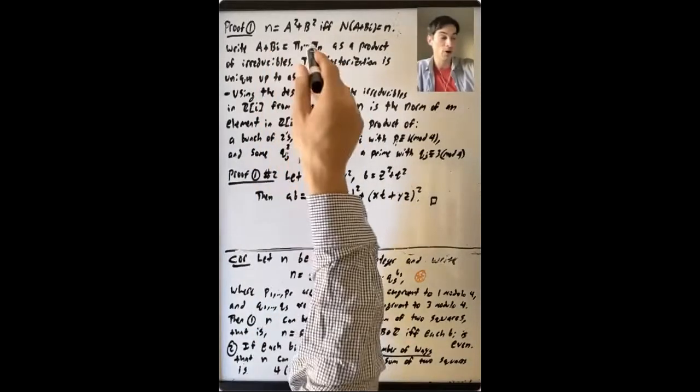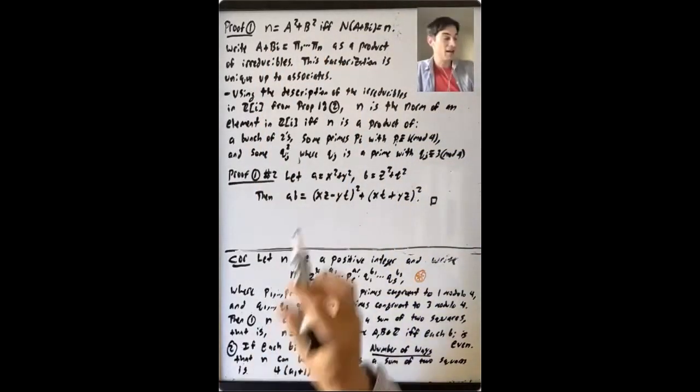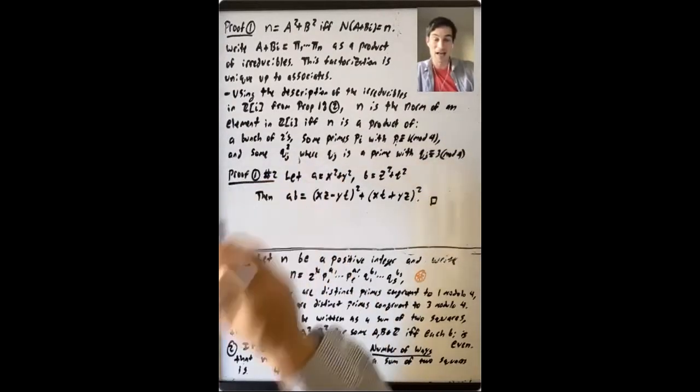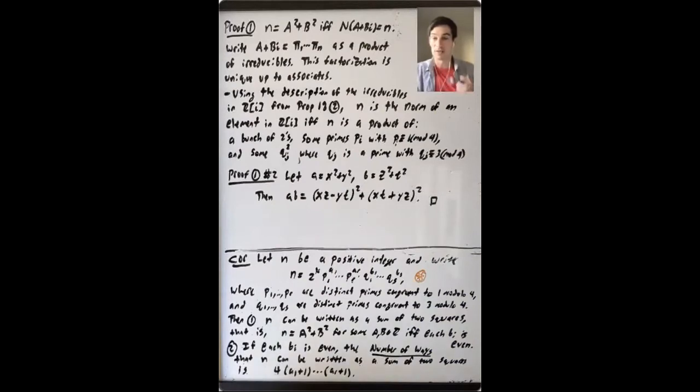And when you take norms, that means that not only does that prime occur as a factor of n, but its square occurs as a factor of n. Okay, so that proves the first part: n can be written as the sum of two squares if and only if each one of these b_i's in this factorization is even.